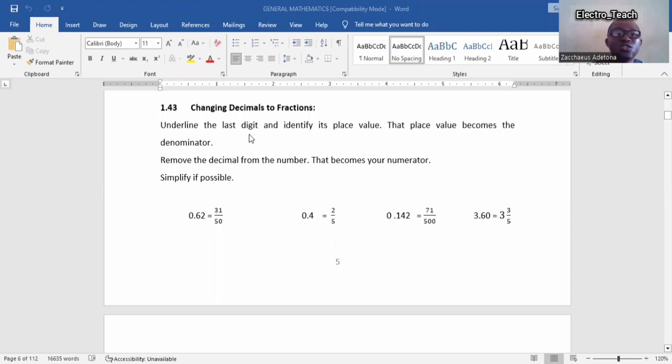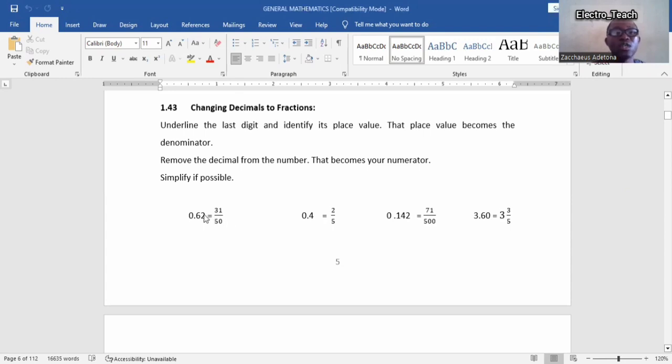Then you use the numbers after the decimal place to be the numerator, and then their place value will be the denominator. If you have one digit, that is 10 place value, 2 digits 100 place value. So the place value becomes the denominator. The digits after the decimal point will become the numerator.